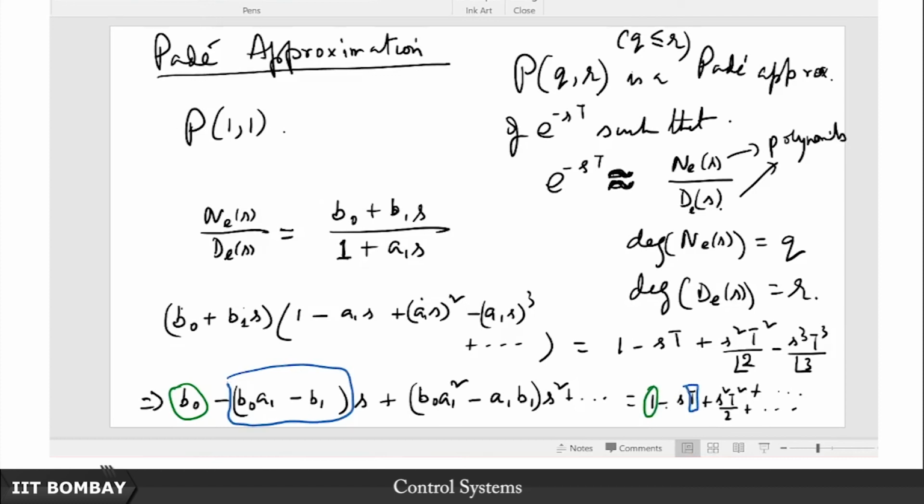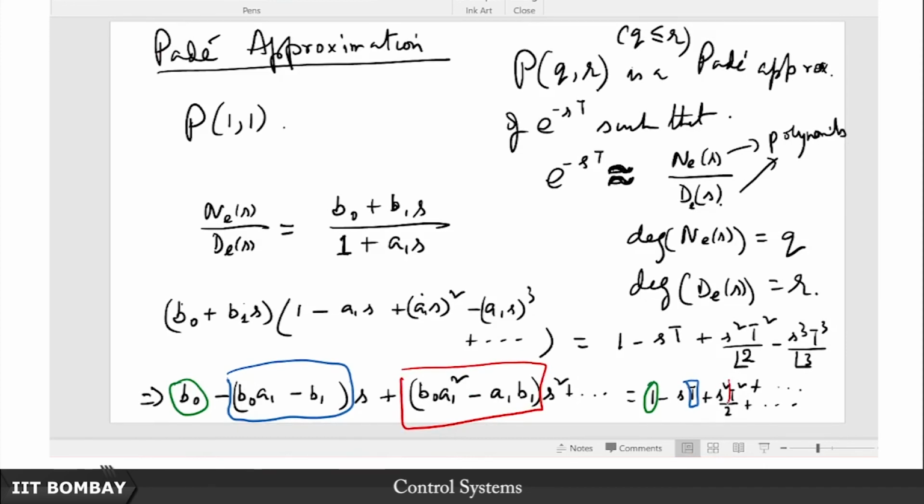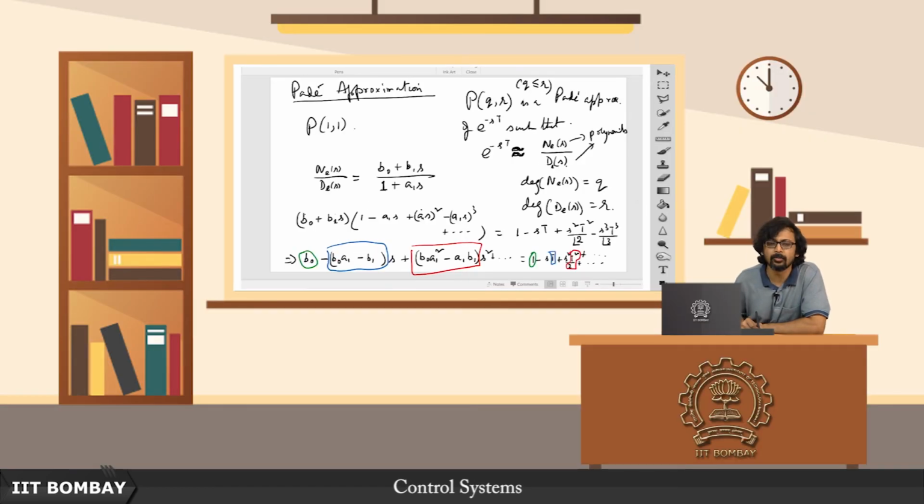I am ignoring the minus sign on either side, and then I have the red one, which is this, equated with t squared by 2. I am going to use the fact that from the first equation b0 is equal to 1, so I plug in b0 equal to 1 here. The second equation then turns out to be a1 minus b1, because b0 is 1, is equal to t.